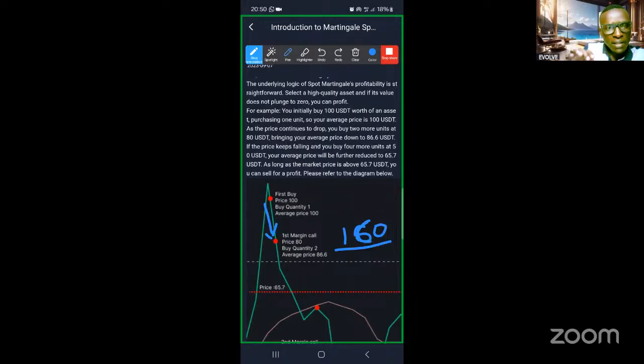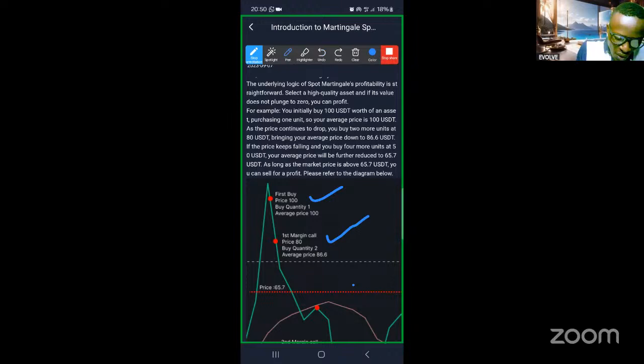Now, this is what happens. That average price it created for you is going to be your lifesaver. What Royalq does is it averages the market. Whenever the market goes down and you buy more coins, it is going to collect the coins you bought the first time, add them to those you bought the second time, and then get the total money invested.